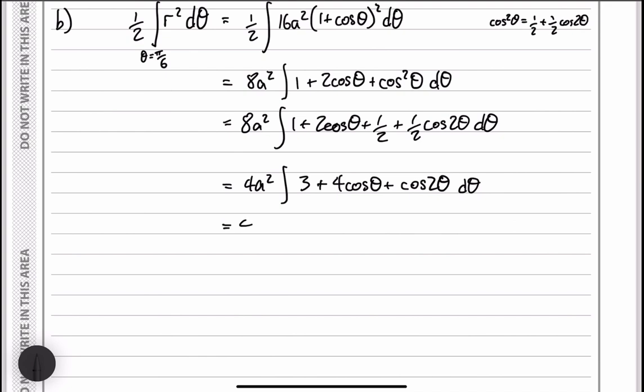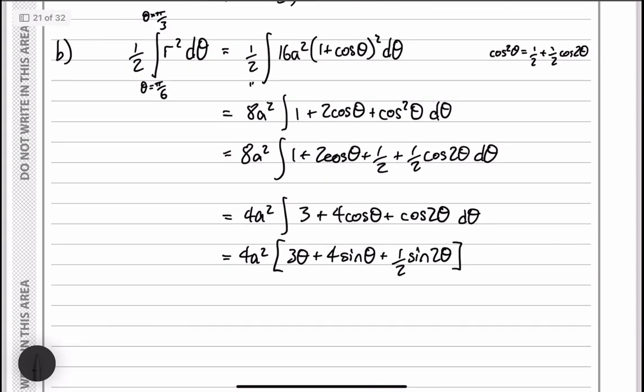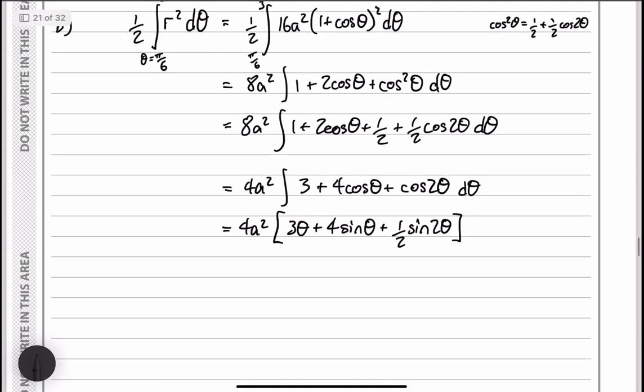Now we're ready to integrate. And we've got 3 theta plus 4 sine theta plus a half sine 2 theta. Oh, and I've been very lazy with my limits here. That should be pi by 6, pi by 3. Usually I like to write them all out. Never mind, let's jump down to here.